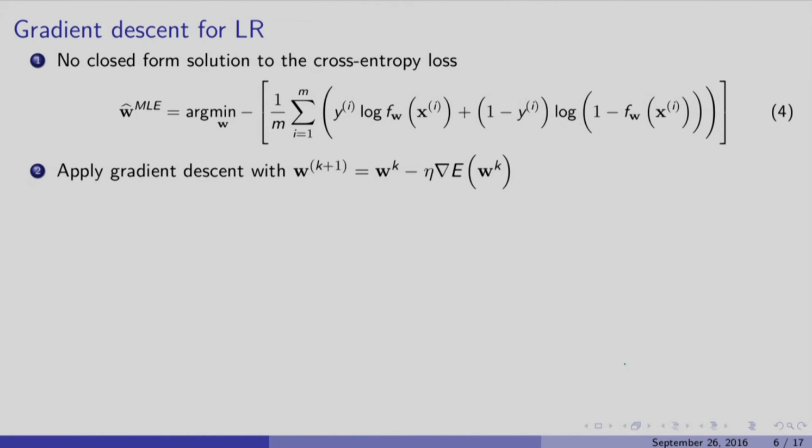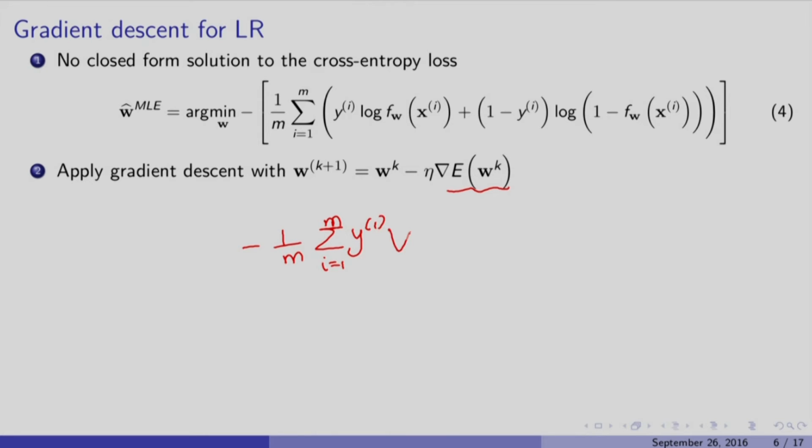Now one can do gradient descent for logistic regression because there is no closed form solution to this cross entropy loss. So if you apply gradient descent, w_{k+1} is w_k minus eta times the gradient function. What is exactly this gradient? Well, one can first of all take the gradient of this entire entropy and realize the expectation is a sum, so you can write the gradient as a sum of gradients.